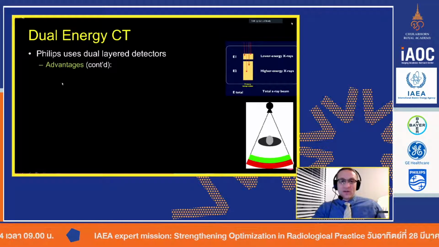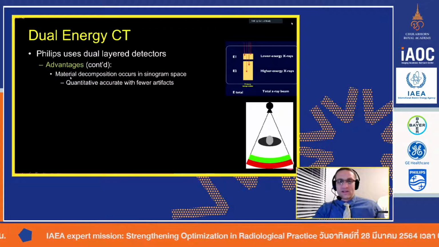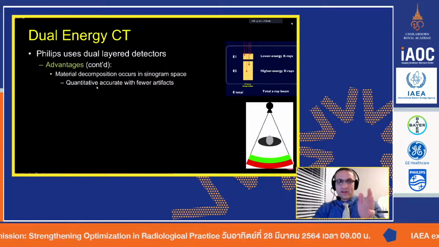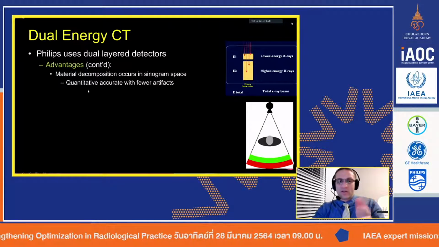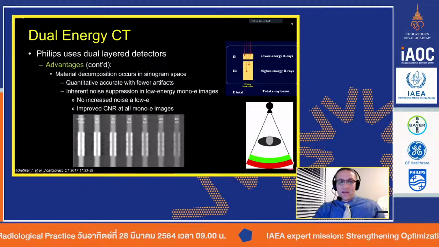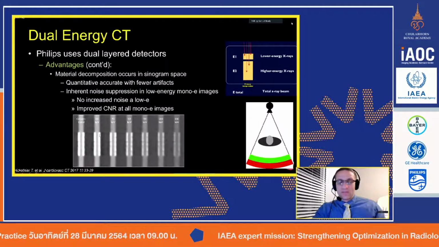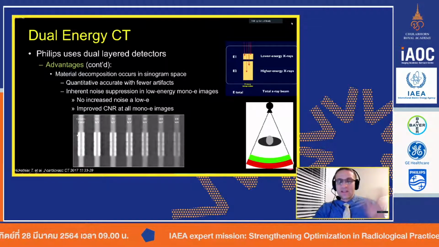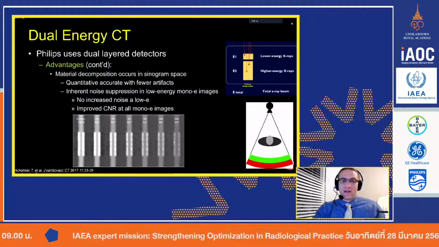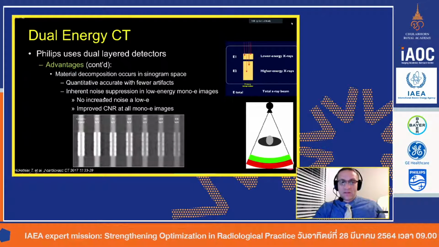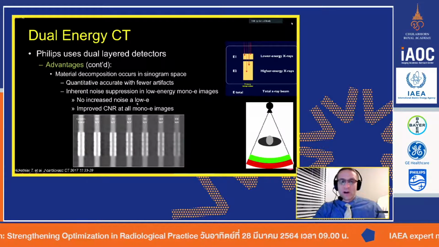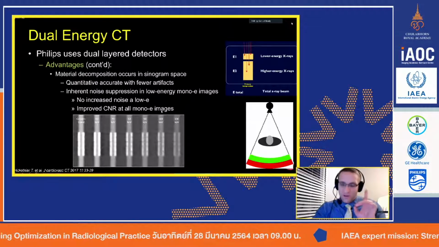All right, so because these are spatially and temporally aligned, or registered, it's very quantitatively accurate with fewer artifacts, and the images have very low noise. We haven't talked about the monoenergetic, or mono E, images yet, and we will.